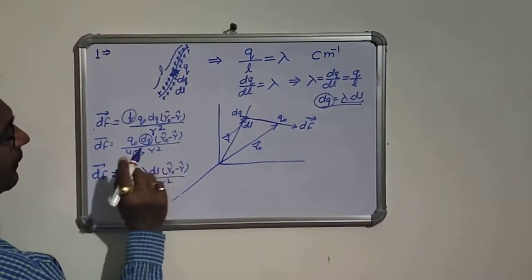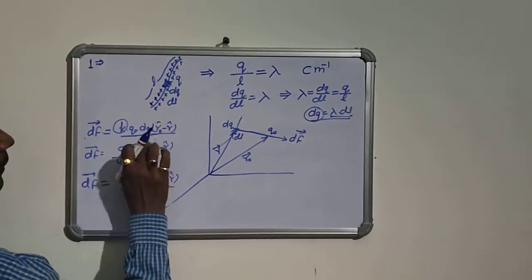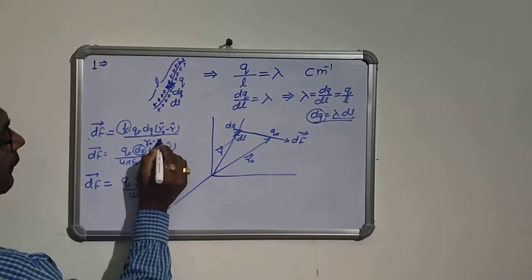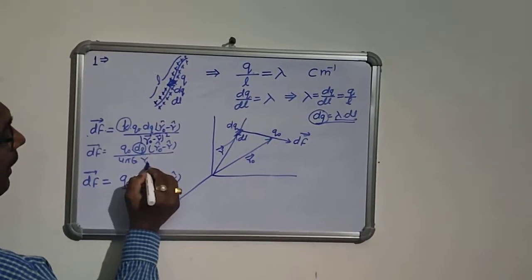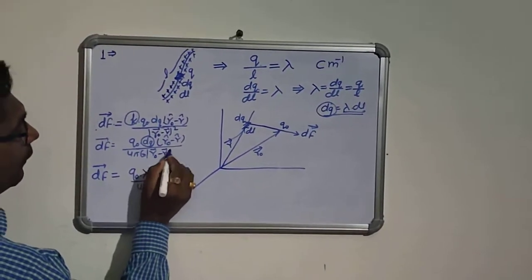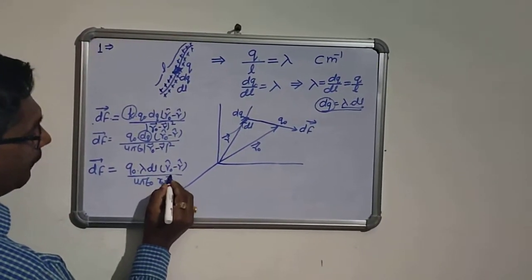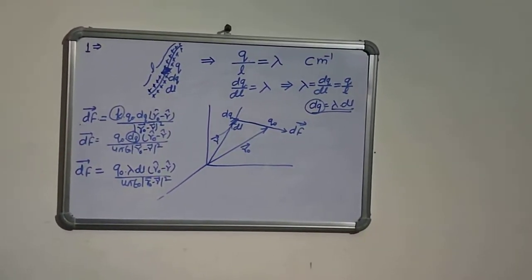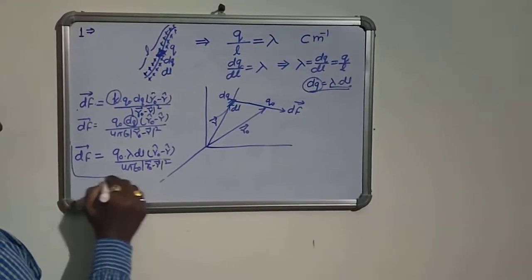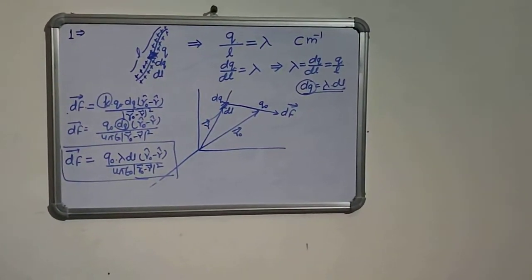This can be written in the format of |r naught minus r| vector mod square. Okay, this is for linear distribution of charge.